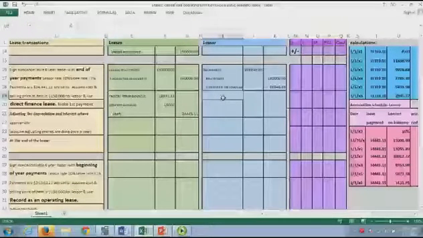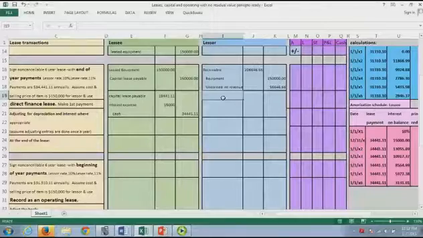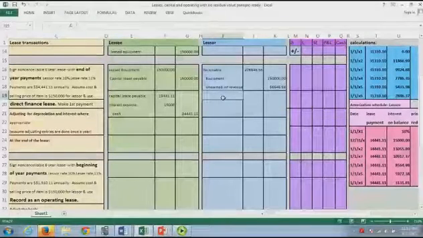And then the lessor has an entry to make as well. So they will pick up their... they'll collect, not make a payment.